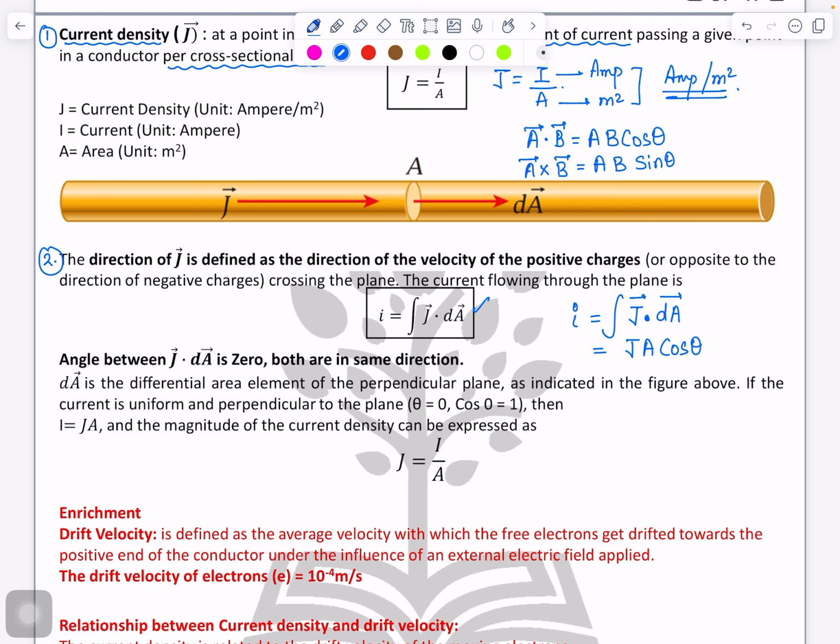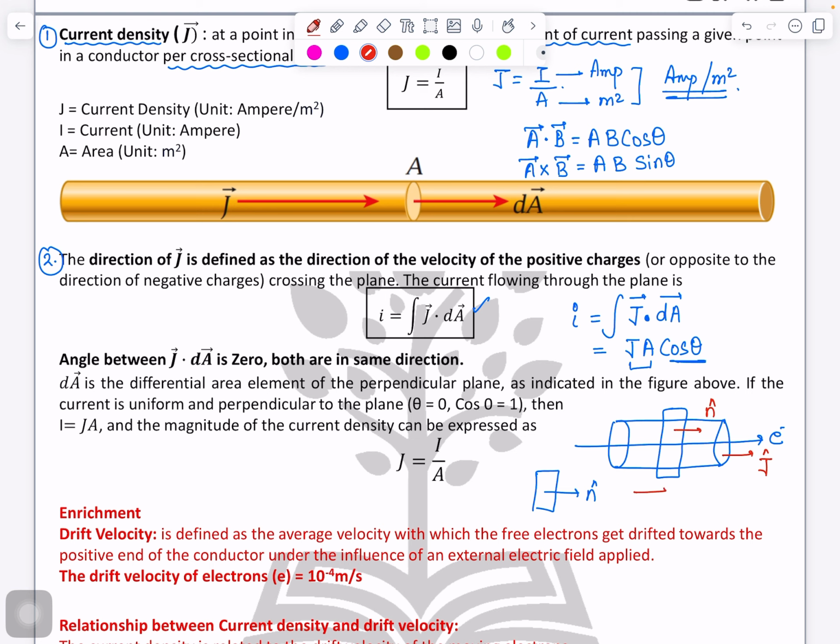Fine, guys? So what is the angle here? That should be the theta between J and A. Let's say this is the wire, and this is the particular area we are looking at. Electrons are flowing like this, so we get the direction of J. And if this is your area, where is the n cap? The n cap is in this direction. I'm changing the color: this is the direction of n cap and this is the direction of J cap.